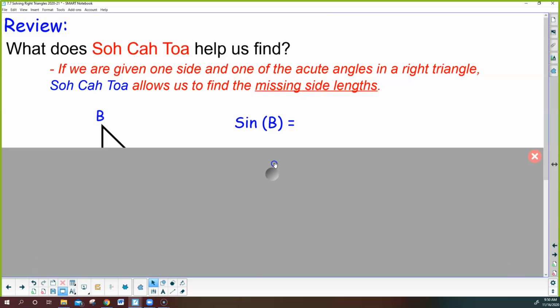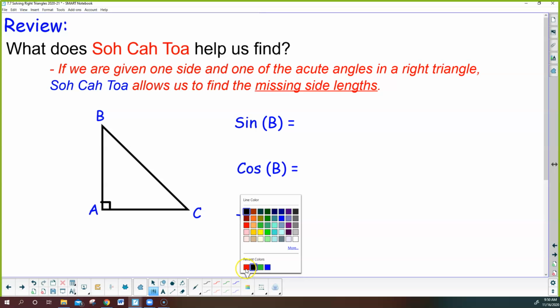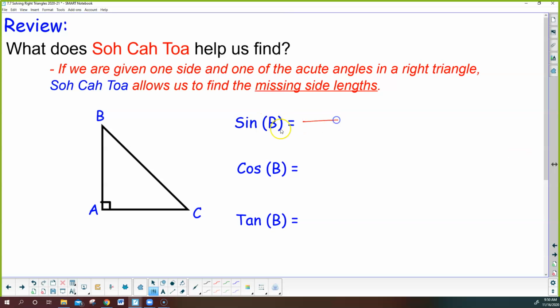So again, don't write this. But remember, what is SOHCAHTOA? If you had some questions, I really hope that somewhere written in your notebook, really large, is SOHCAHTOA. And then how do we use SOHCAHTOA? SOHCAHTOA is just basically setting up ratios.